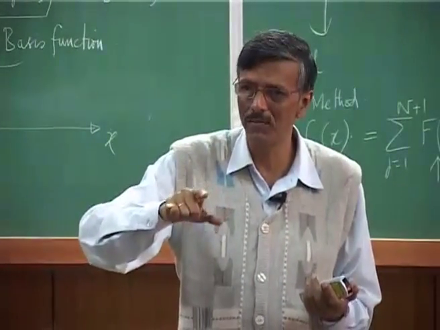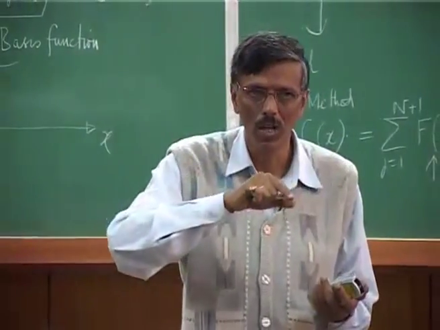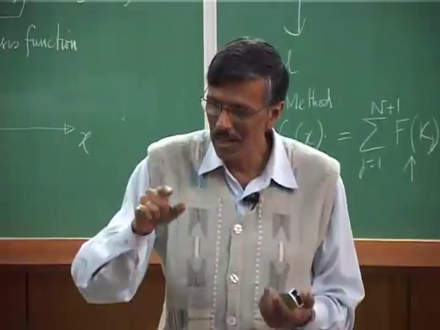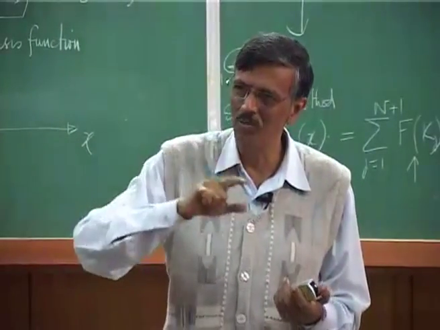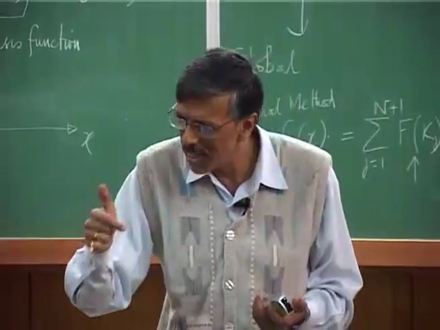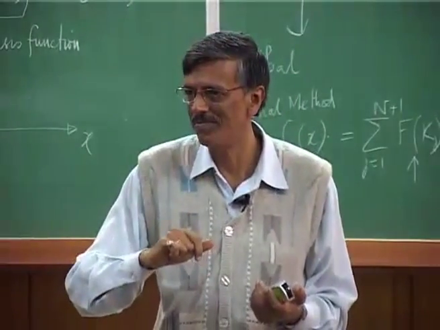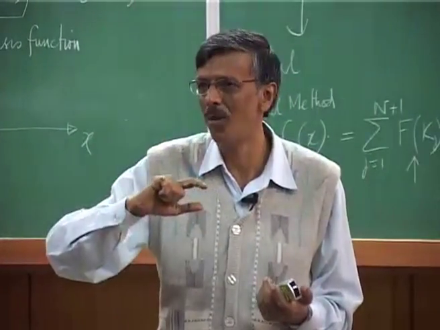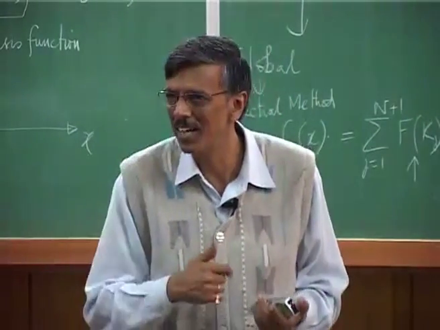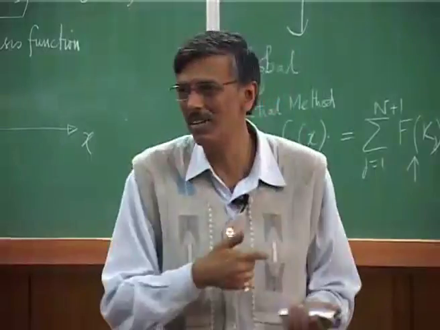You satisfy the differential equation at discrete nodes, and you expect all those derivatives to exist. Whereas, in the finite element or finite volume method, when you integrate, you are actually reducing the order of the system, right. So, weak forms are, that is why, called weak forms. They are weaker in ensuring the convergence of the solution.